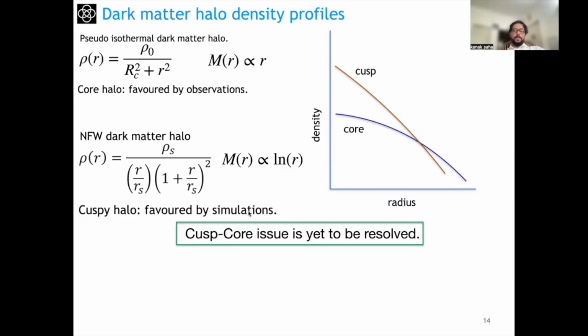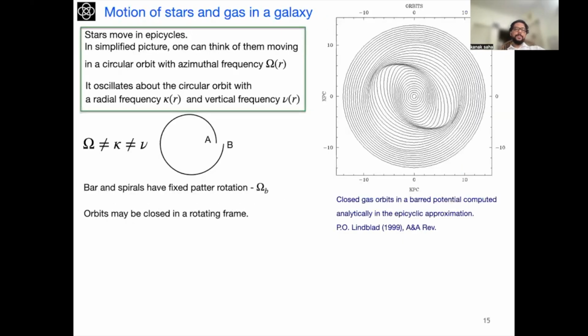The cuspy halos are basically favored in simulations, which means that when cosmological simulations are done, for the dark matter halos which collapse, one can deduce the density of the dark matter, and it seems to be cuspy. Okay, this cusp and core issue is not yet resolved. It means that whether the galaxy prefers a cuspy profile or the core profile, or the cusp or core get converted to each other, it's not clear yet.